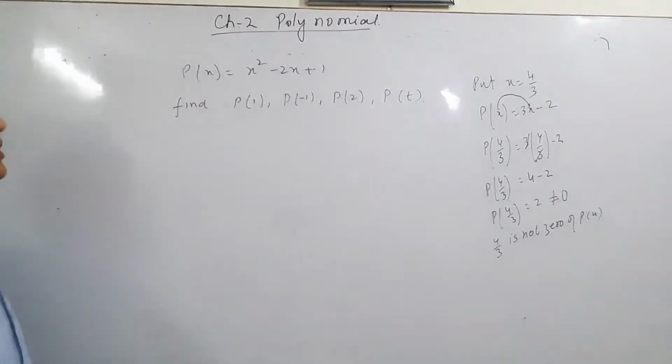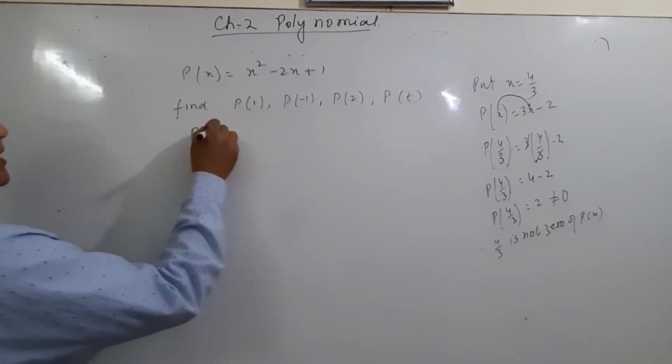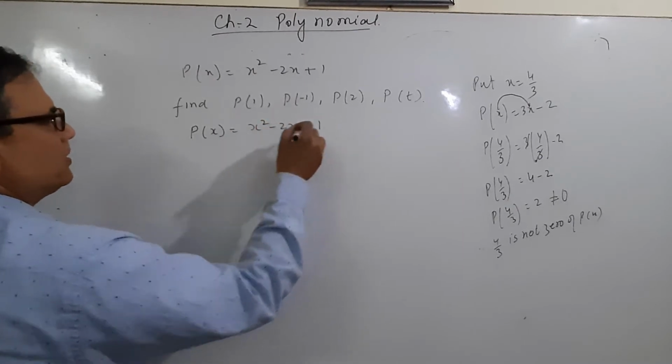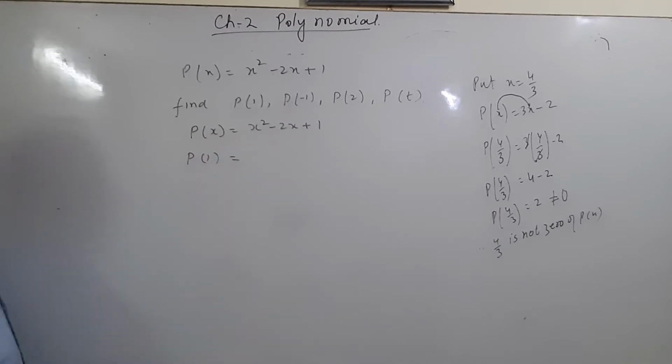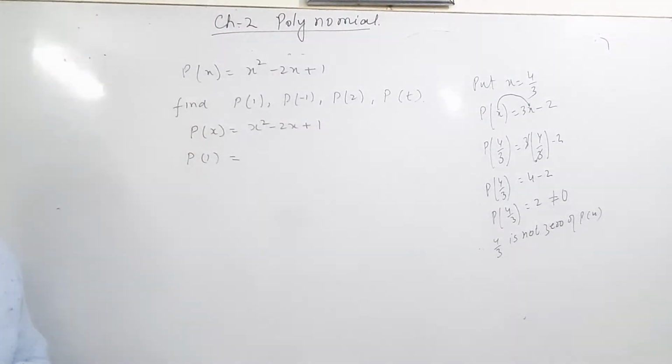How can we find it out? First, P(x) equal to x square minus 2x plus 1. We have to find first P(1). P(1) means we have to put 1 in place of x.